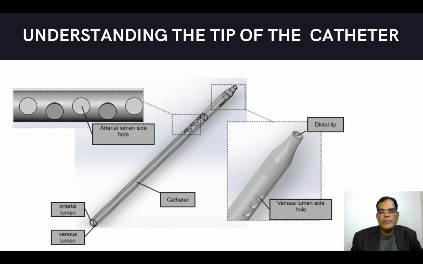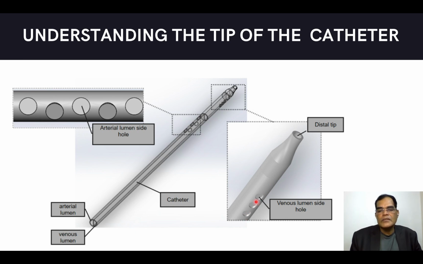This is another important slide because this needs to be understood properly to have a better understanding of the tip of the catheter, because the tip of the catheter matters. You will see in the next slides why it is so important. If you take the tip of the catheter, you will see the lumen, a small opening over the tip over here.